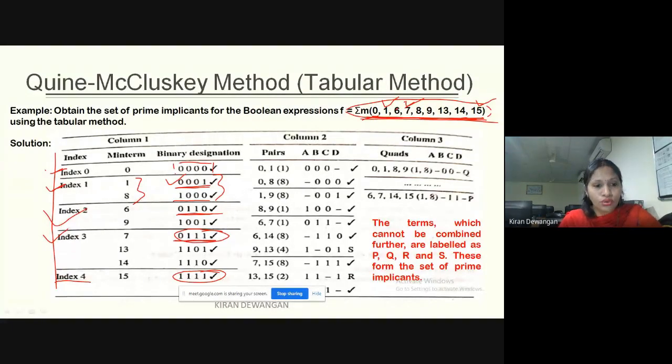Index 2 will have 2 ones. Here 0 ones, here we'll have 3 ones, here we'll have 4 ones.